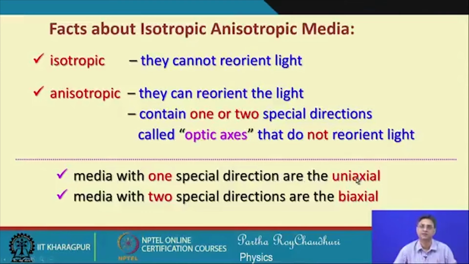One special direction means the direction along which the direction of propagation of electromagnetic waves will not be altered. But for a biaxial medium there will be two such special directions, two axes along which the electromagnetic wave direction will not be changed with regard to the direction of the incident electromagnetic waves.